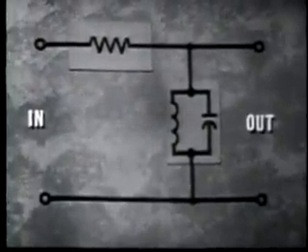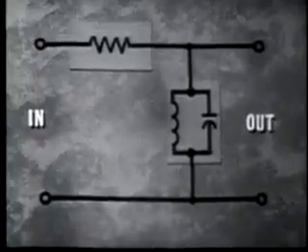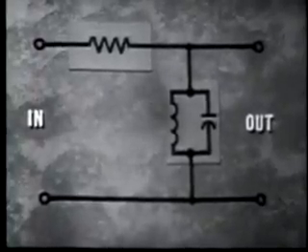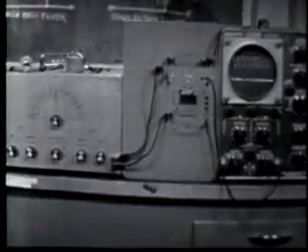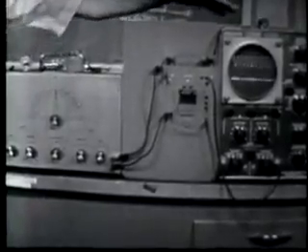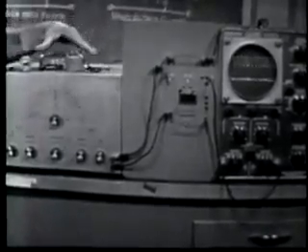Now, let's hook this up on our trainer and see what occurs. Now remember, we'll be using an oscilloscope, a little breadboard trainer, and a signal generator for our demonstrations, as we did in the earlier lesson.